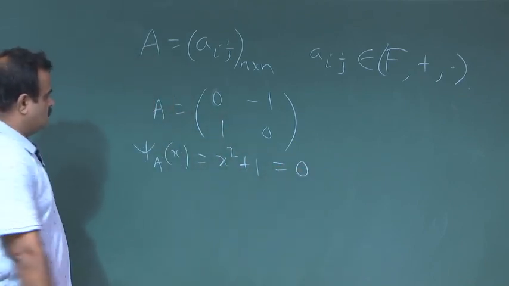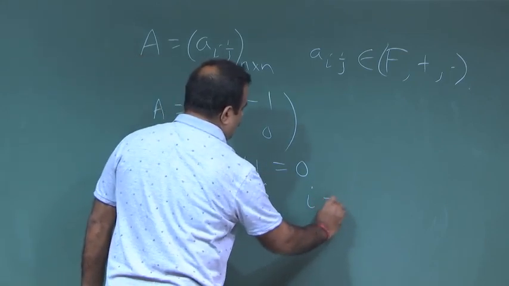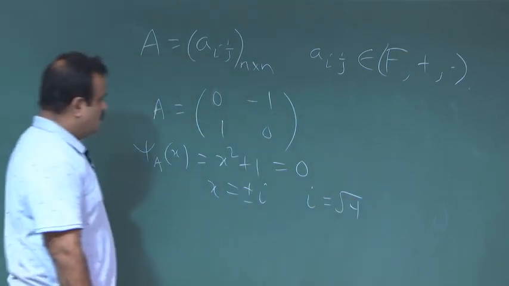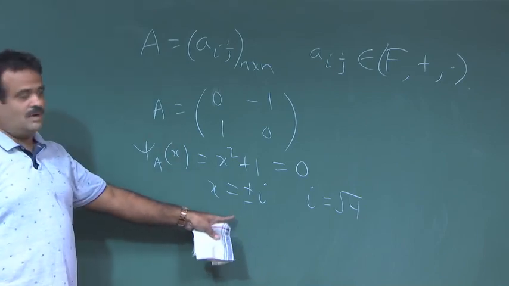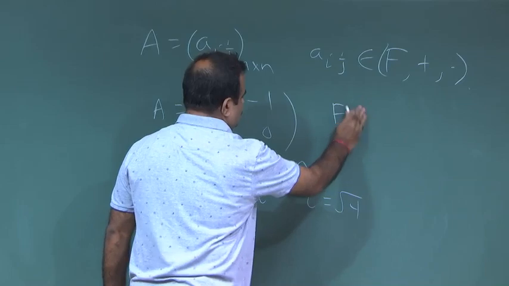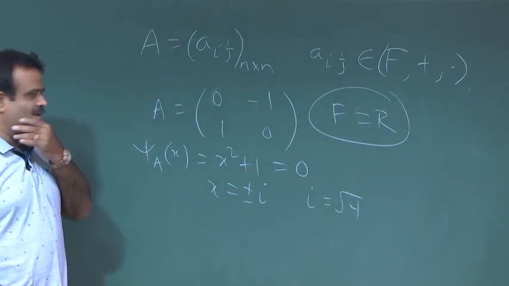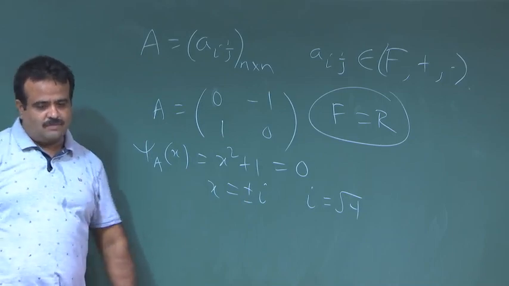So x is plus or minus i, the square root of minus 1. This is a complex number, but our field is a real field. So the eigenvalues are not from this field. So this is one example.